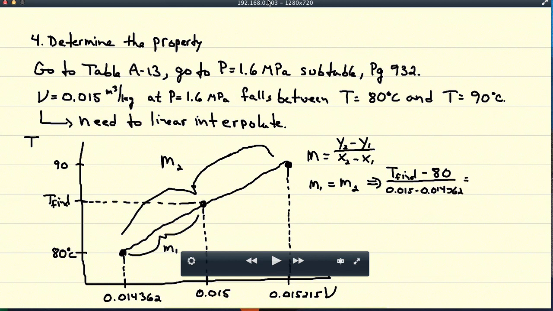And this is all equal to the slope of M2, which I'll have to write on the next line because I'm running out of room here, which is 90 minus 80 divided by 0.015215 minus 0.014362.